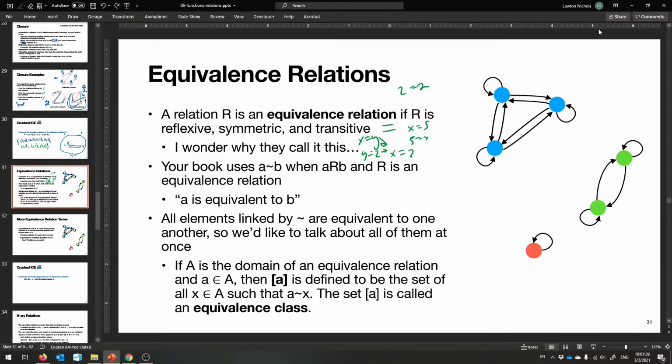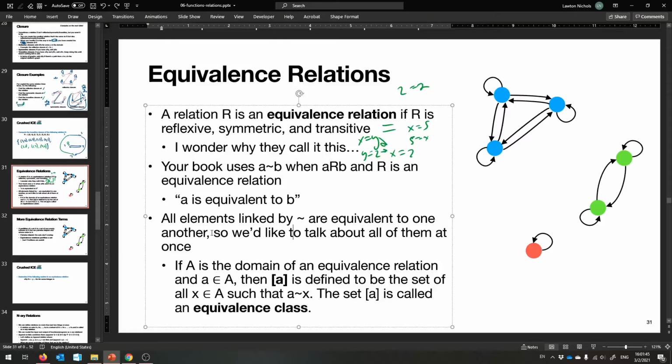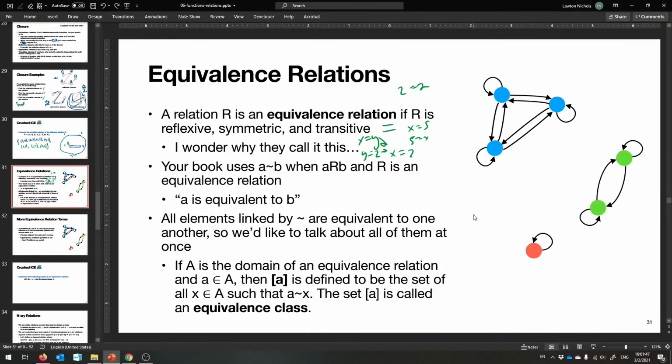This is why we want to talk about things all at once, because it doesn't matter which of these blue things you have, they're all equivalent, and they can all be substituted in for each other because their properties are the same.